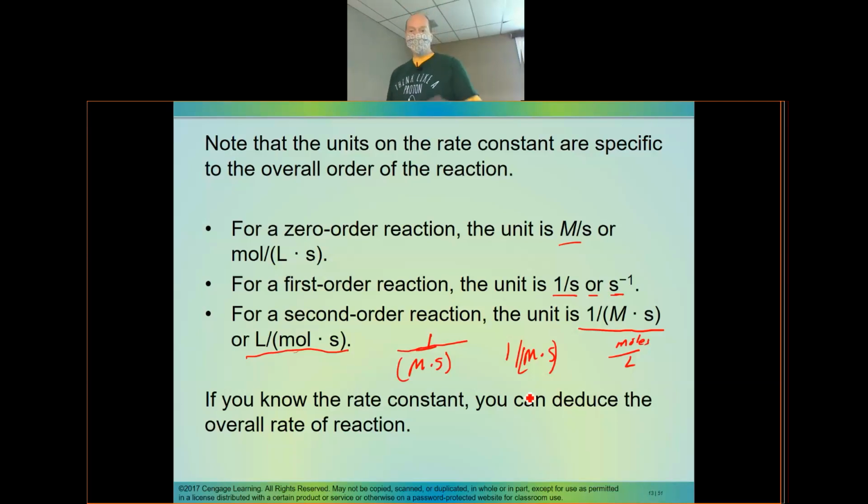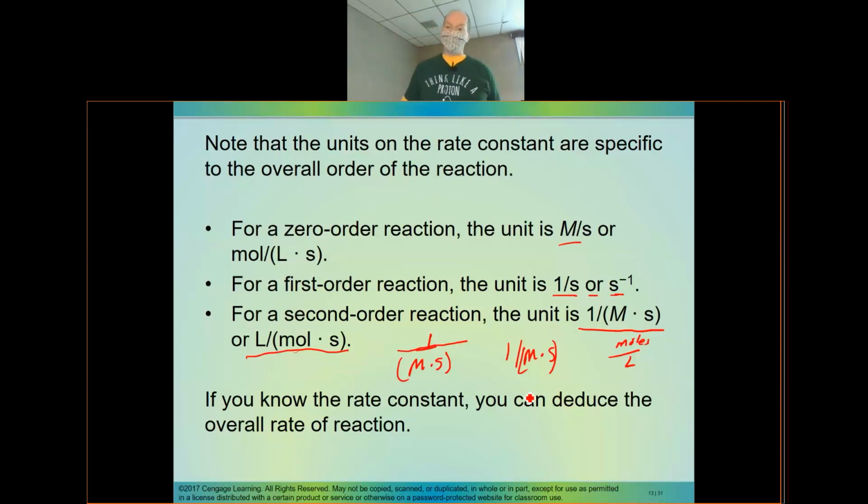All right, so if you know the rate constant, you can deduce the overall order of the reaction. What you need to know is the K value for first order and second order. The other ones will not be required for you to know. You should know them, but first order and second order are required, so that once you're given that unit of 1 over seconds, you immediately go to first order.